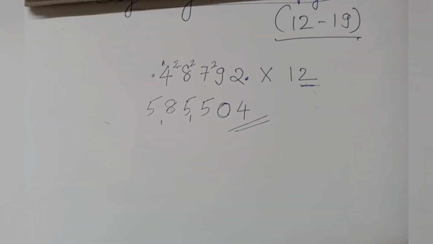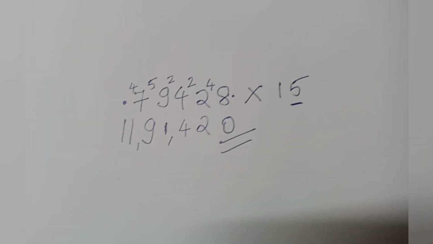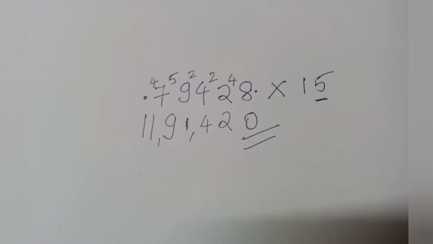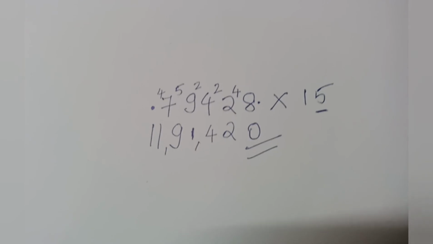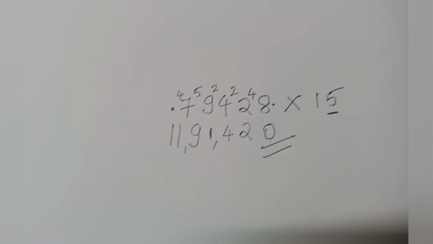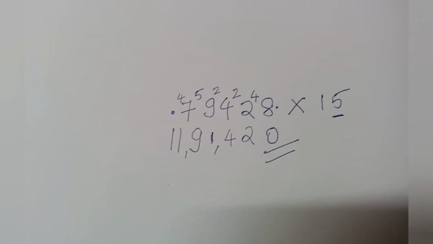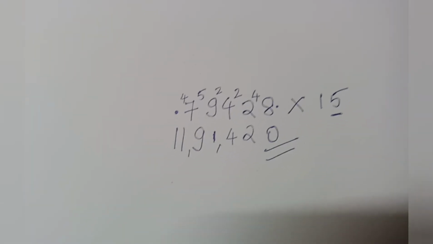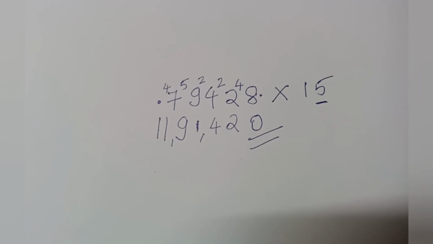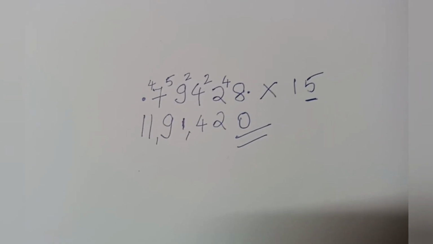This is the way you're going to multiply with 12, 13, 14, 15, 16, 17, 18, 19, if you have more than 2 digits to calculate. I hope it's understandable to all.